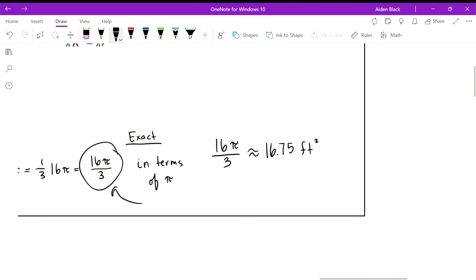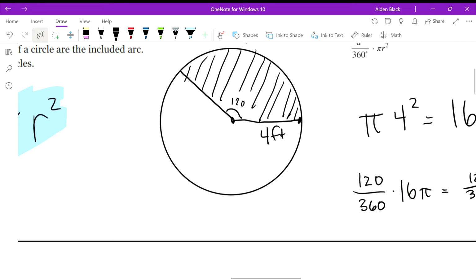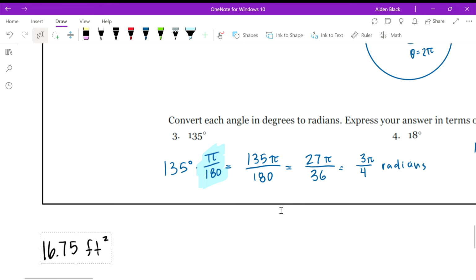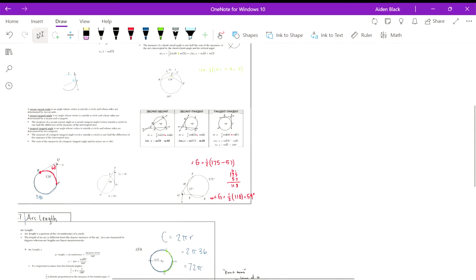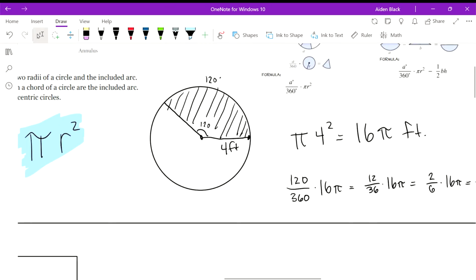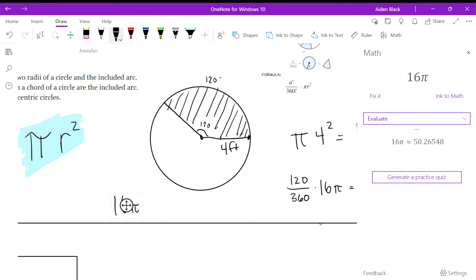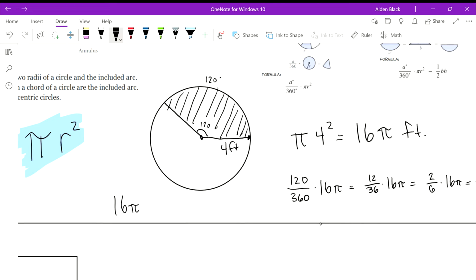So if you think about it, if you look at this circle and you consider that the entire circle is 16 pi, which is approximately 50 feet squared, that's the entire circle.